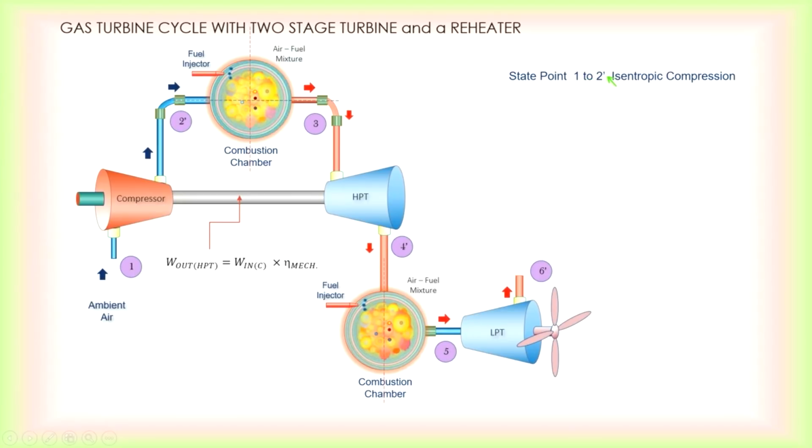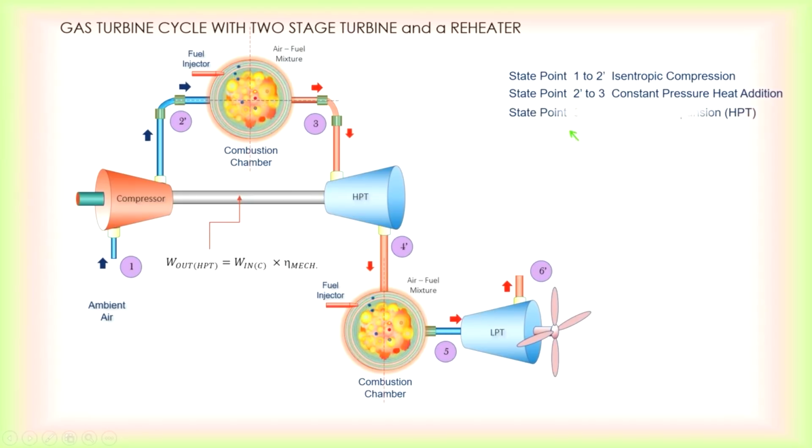So here I don't have to explain anymore. This is state point 1 to 2, isentropic compression. Then 2 prime, or 2 to 3, is the constant pressure heat addition. Then you have state point 3 to 4 prime, the isentropic expansion through the HPT.